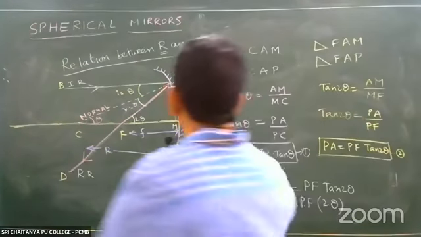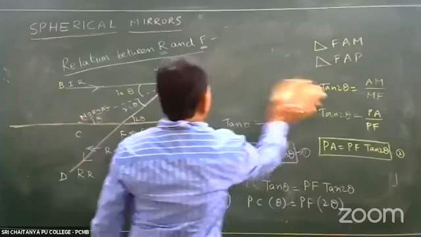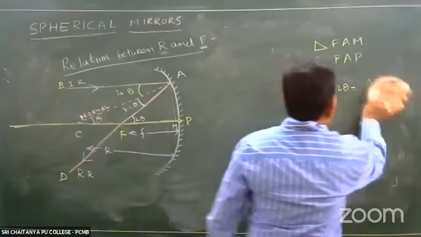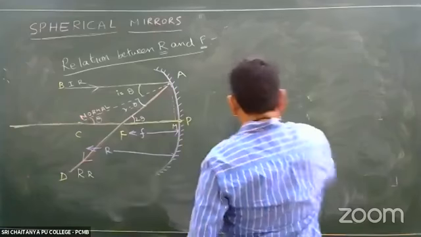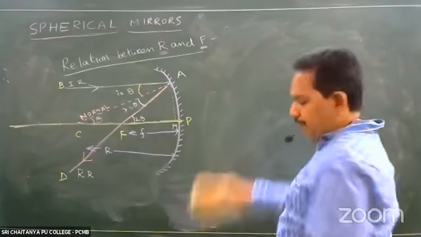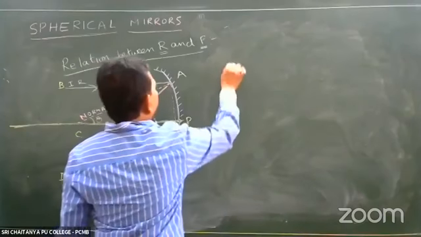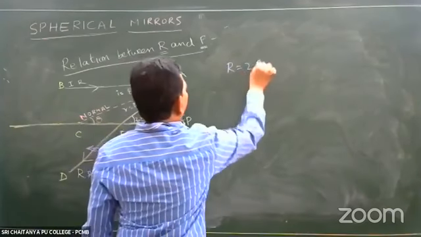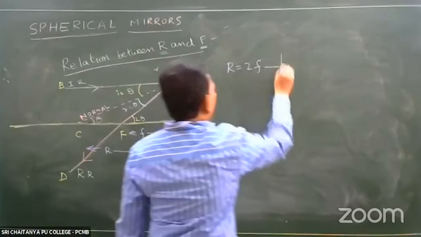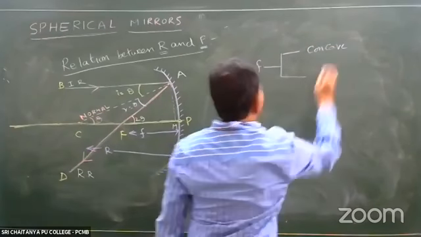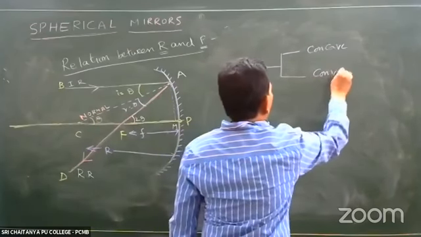Now, let us consider the final result. R is equal to 2F. We can apply it for concave and also for convex.